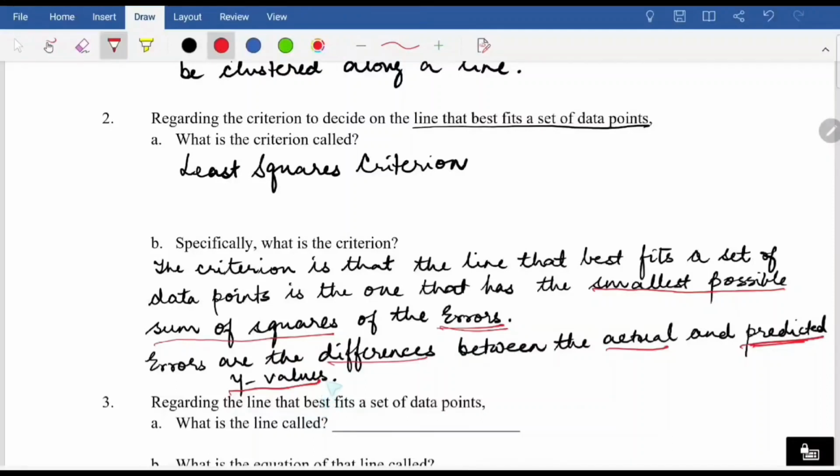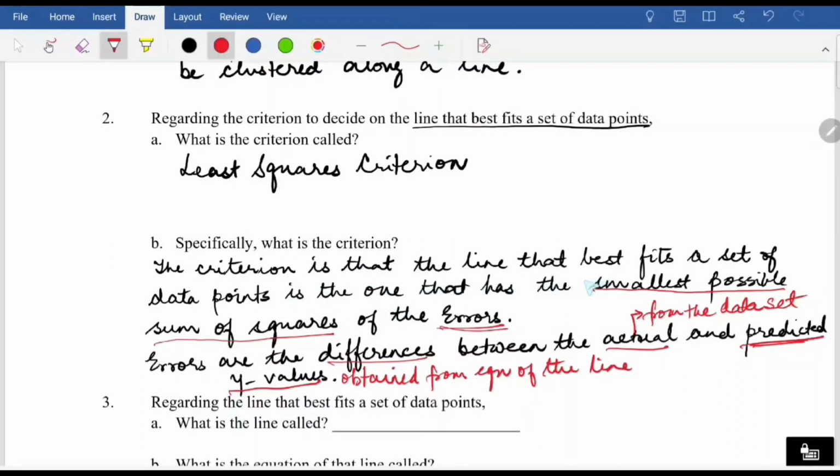Predicted y values are obtained from the equation of the line, whereas the actual y values are obtained from the data set, from the sample that we are working with. So that's how you're going to explain the least squares criterion.